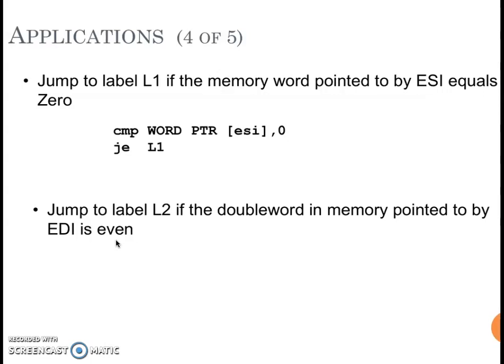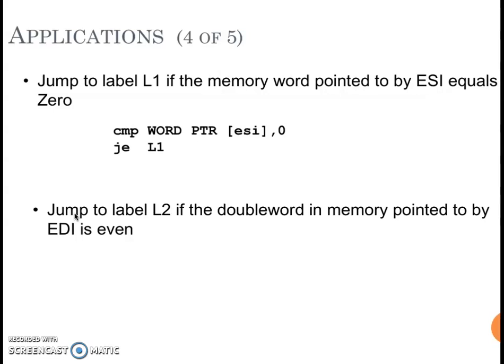Think about what an even number is. For an even number, the last bit will be 0. I don't care about any other bit, I only care about the last bit.